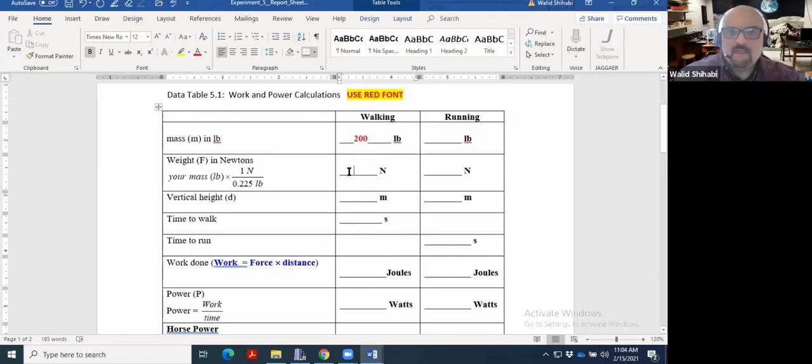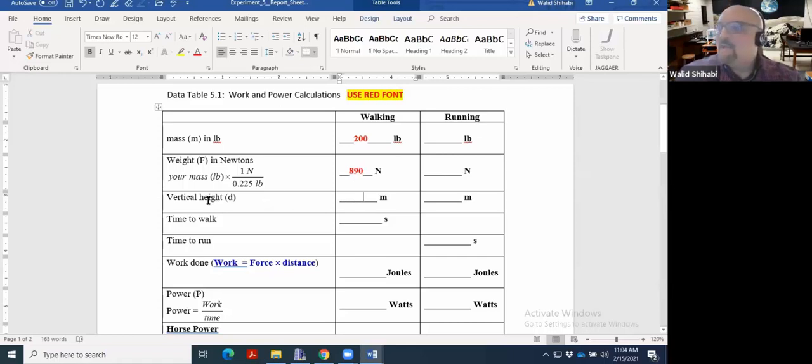Okay, so something like around 890. I'm just showing you here an example with numbers. Don't copy those numbers. Okay, this is just applied on someone that weighs 200 pounds. Okay, 800 Newton. And guys, I mean, no one will see your weight in pounds except me, and I will not tell. Okay, so no worries there.